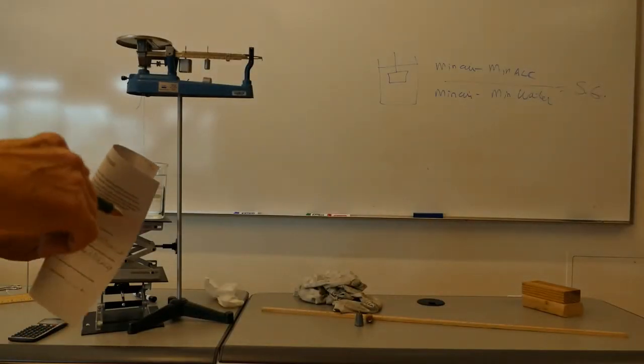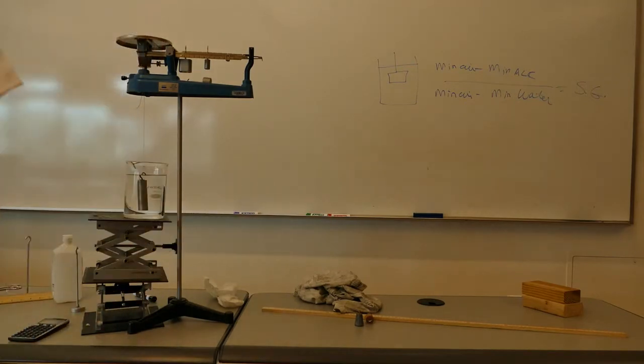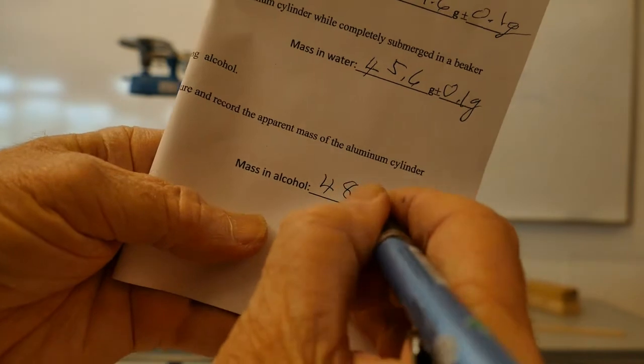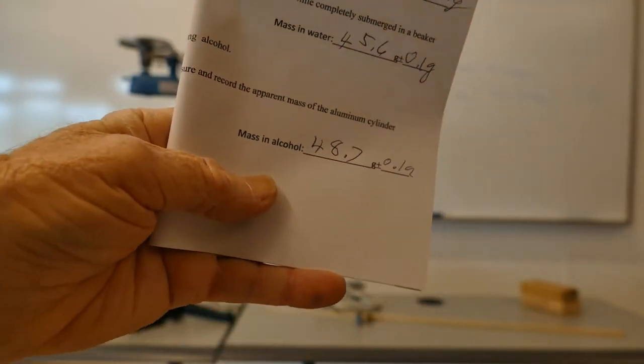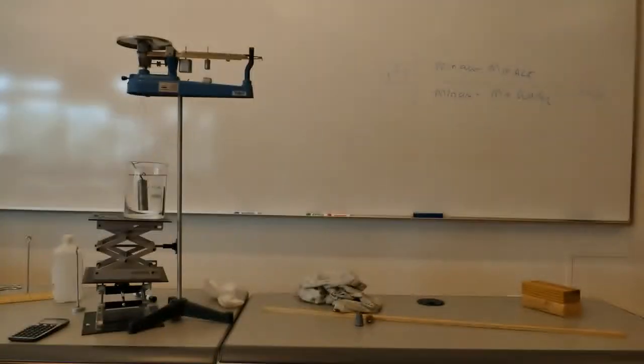Just want to be sure I get it right. 48.7. 48.7 plus or minus 0.1 grams. So now we have the mass of the aluminum in alcohol.